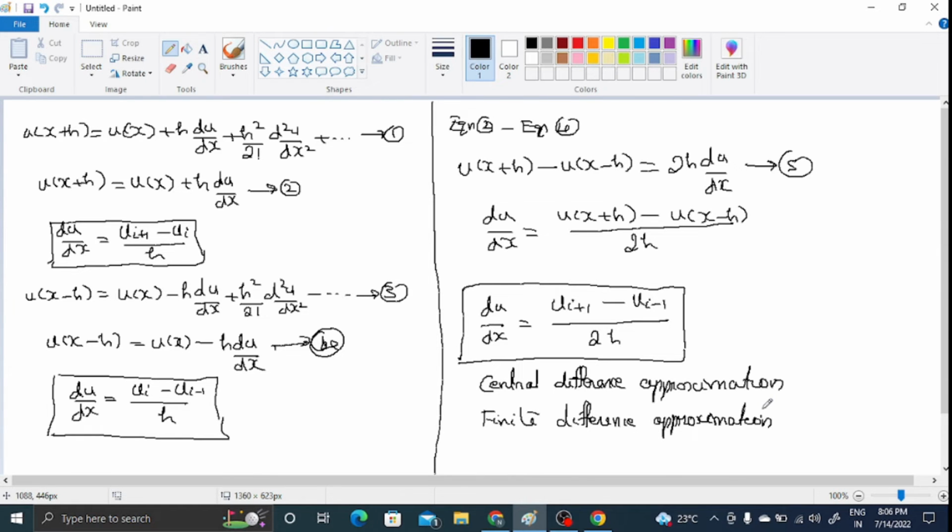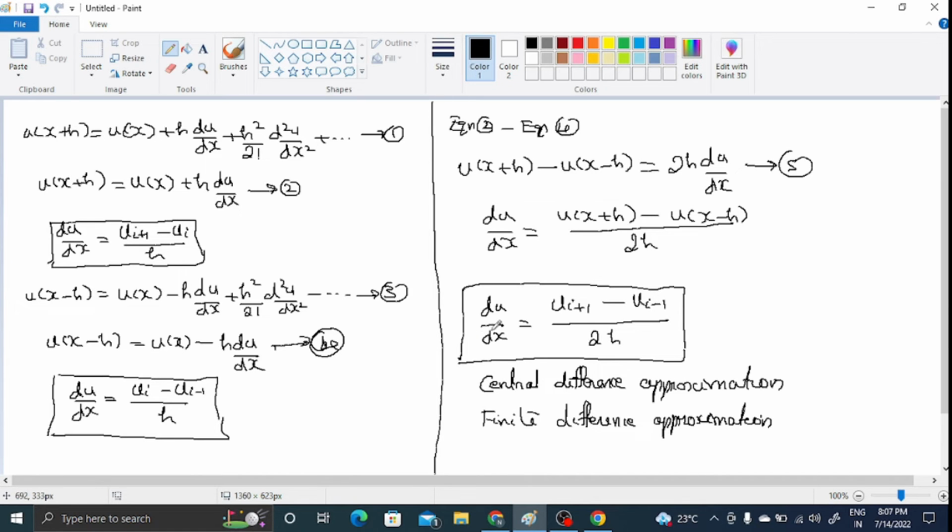If it is not applicable, then we have to use forward difference approximation or backward difference approximation. Normally, we are using central difference approximation. So how did we derive this one? We took the difference between equation number 2 and equation number 4.